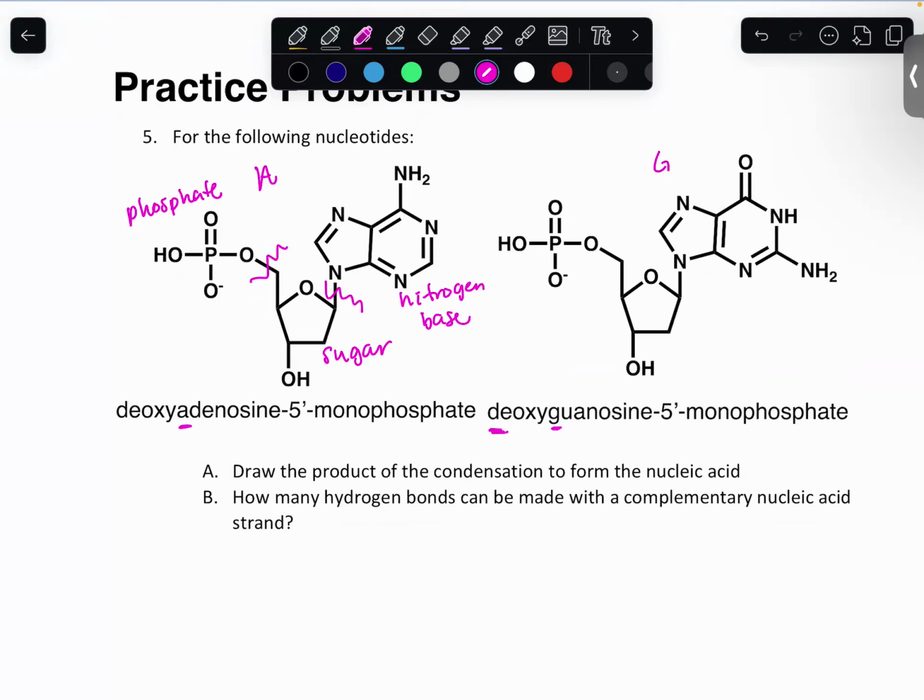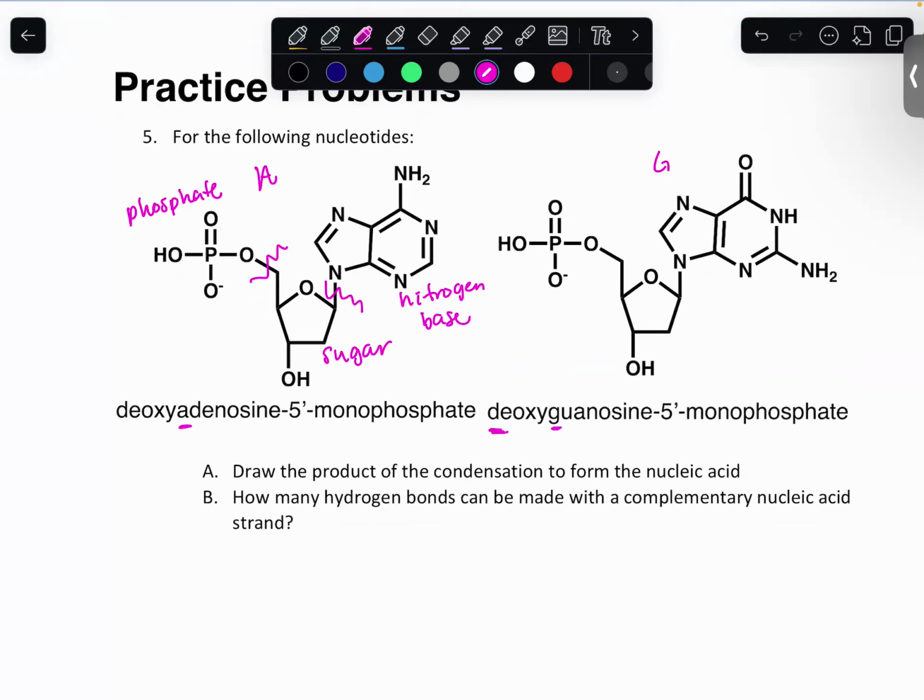So we're going to take an OH and an H and connect our phosphates together. So this is our condensation reaction.